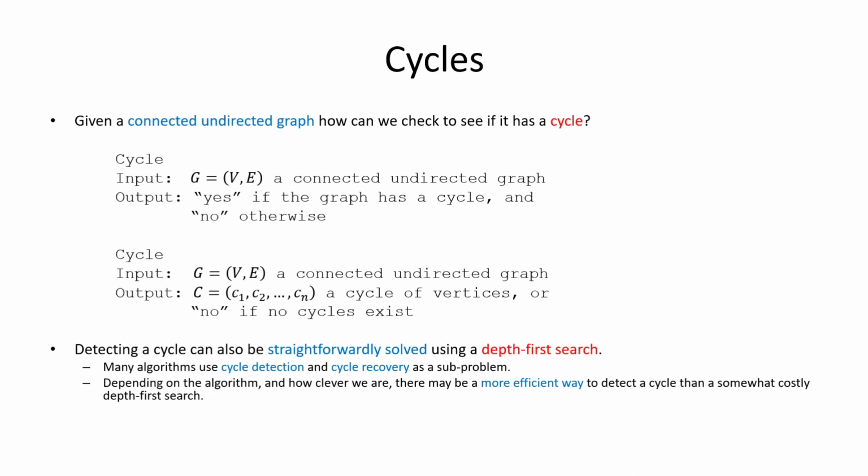I could have also asked for the edges here; those would be equivalent to the vertices. However, it's possible that no cycles exist, so we need to still have that special case saying no, the error case, there is no such cycle.